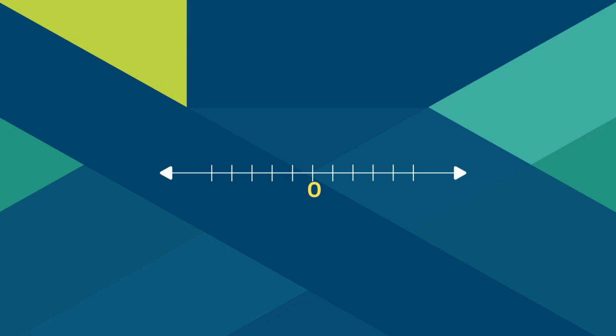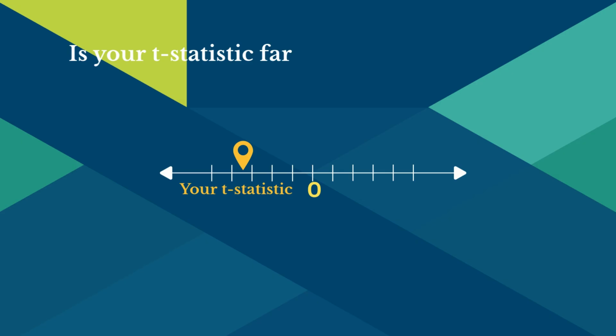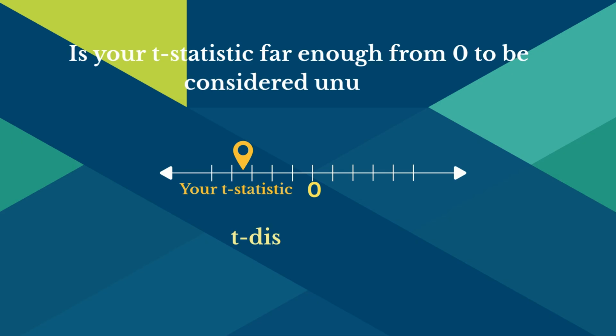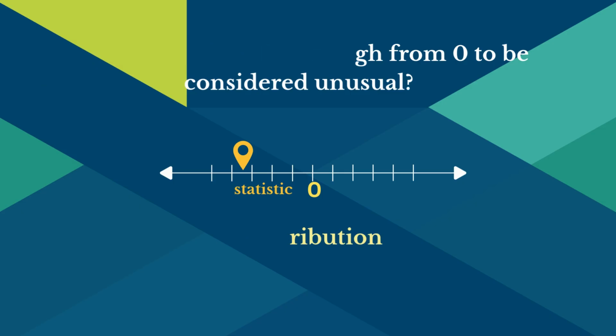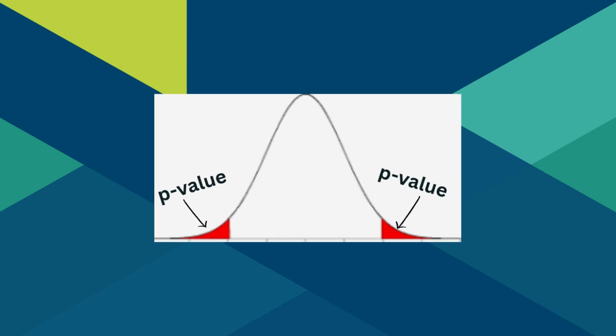But there's still one crucial question left. Is this t-value large enough to be considered statistically significant? Once we compute the t-statistic, we compare it to the t-distribution. This comparison gives us the p-value, which answers a very specific question. If there were actually no real difference, how likely is it to see a t-value this extreme?